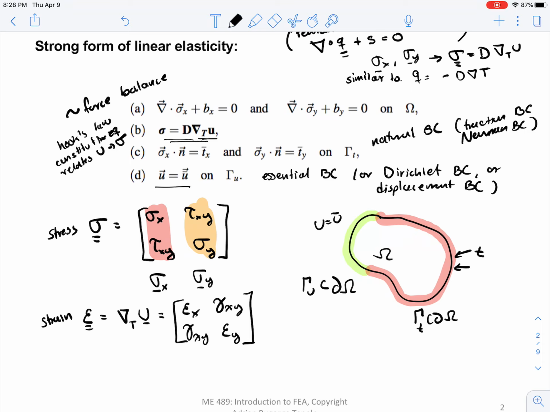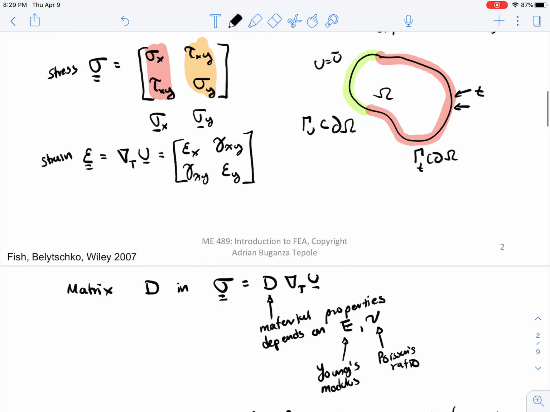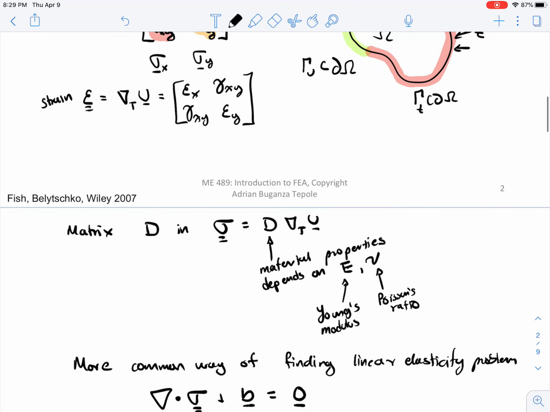Again, similar to the heat transfer problem, you have a constitutive equation that relates the stresses to some derivative of the displacements, and you have boundary conditions, which can be natural boundary conditions, meaning you impose the traction that's equivalent to the normal component of the stress, and essential boundary conditions, which means you impose the displacement.